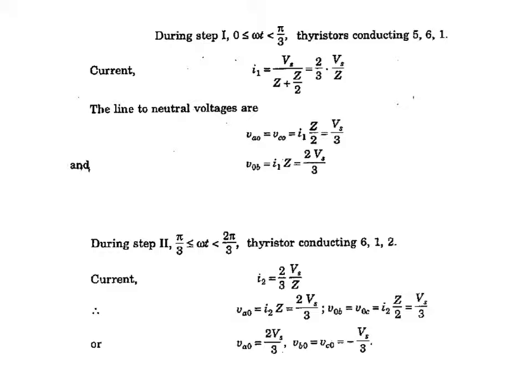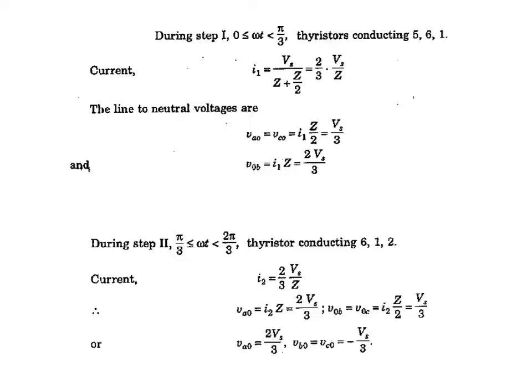At that time, for the equivalent circuit shown in step 2, the current flowing through that circuit is I2 equal to 2 divided by 3 into Vs divided by Z, and Va0 is equal to I2 into Z, equal to 2 Vs divided by 3, and V0b is equal to V0c is equal to I2 into Z divided by 2, equal to Vs divided by 3, or Va0 is equal to 2 Vs divided by 3 and Vb0 is equal to Vc0 is equal to minus Vs divided by 3.